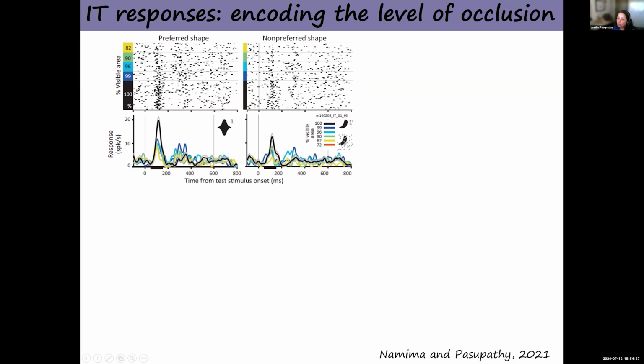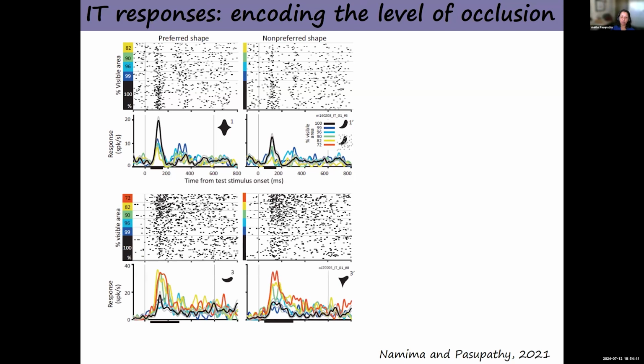This was roughly 40% of the neurons in IT cortex. The second group of neurons showed stronger responses to occluded stimuli, similar to prefrontal cortex, but these neurons were not shape selective, so they were explicitly sensitive to the level of occlusion, and this was roughly 60% of IT neurons.